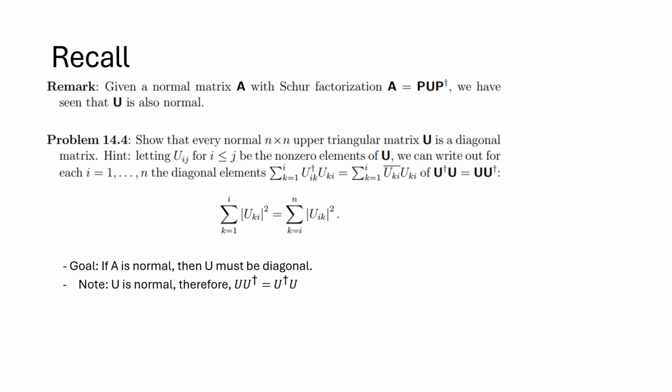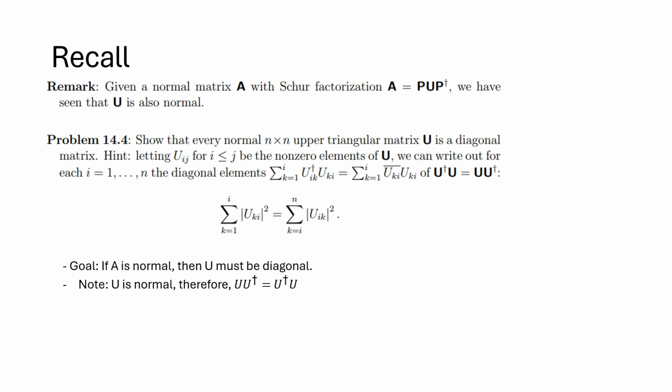And an important thing to note is that U is normal, right? Which is why in the hint that they provided, they told us that the product of U with the Hermitian transpose of itself is commutative, which means that it must be normal. They have provided us with this information because we know that in the Schur factorization of A, which is a normal matrix, the resulting matrix U is also normal.